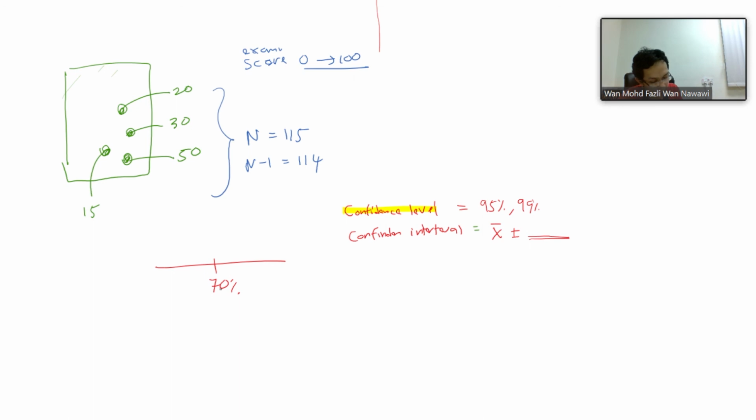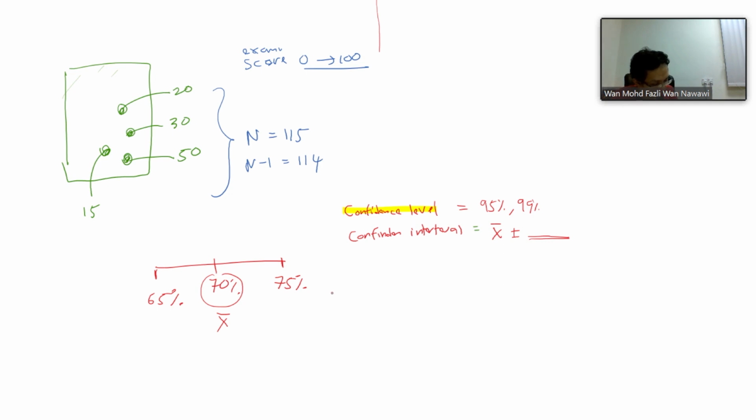For example, if the average of all the class is 70%, this is basically your mean. You plus minus, let's say you have this standard error, something like that. So let's say you have 75% and 65%.